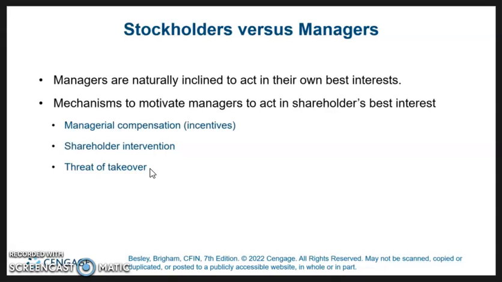So if a firm is operating inefficiently, that means that the market value of the firm is going to be below what it should be. If it gets to the point where the book value of the firm is greater than the market value, it's obviously a takeover target, because the firm can be bought and liquidated.